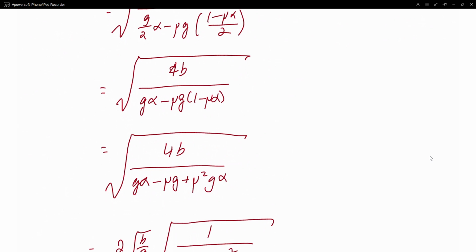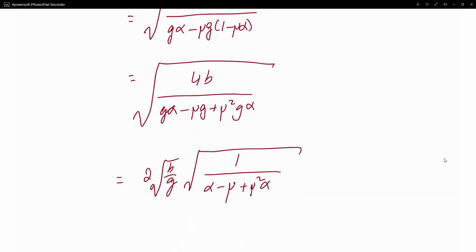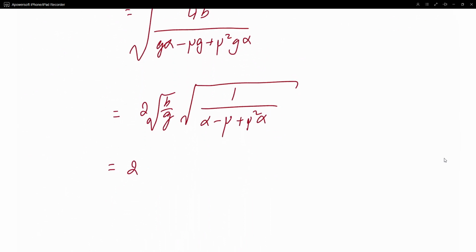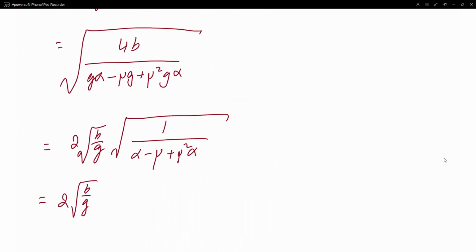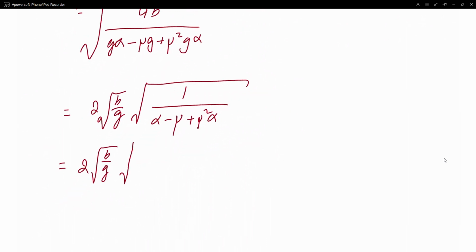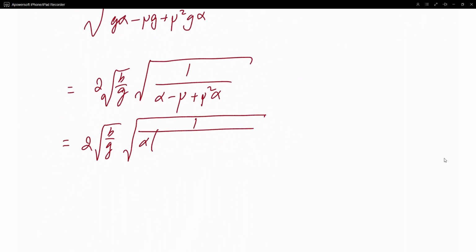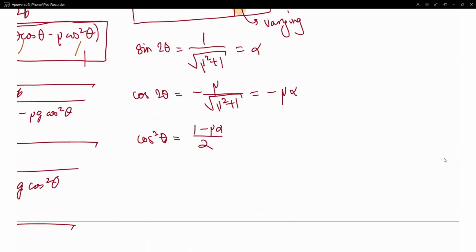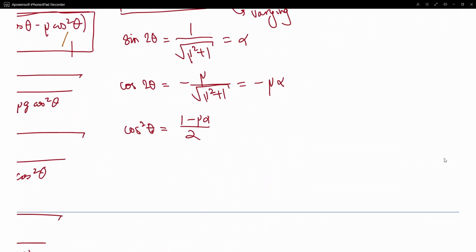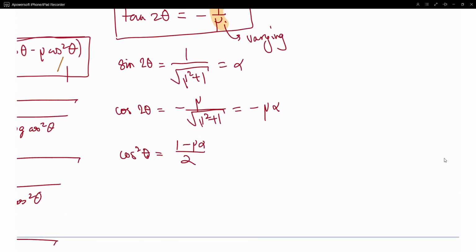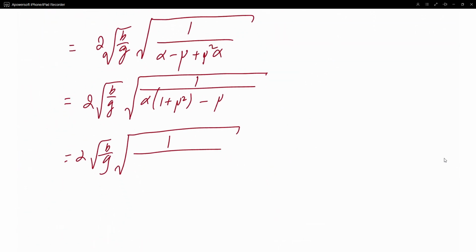So this is going to give us, we can factor out alpha, and get alpha back, which is one over root mu squared plus 1.